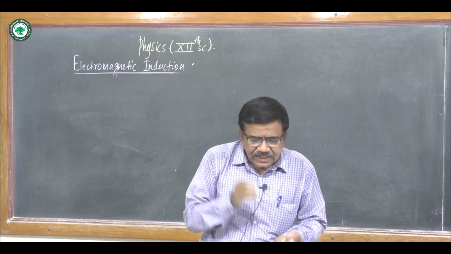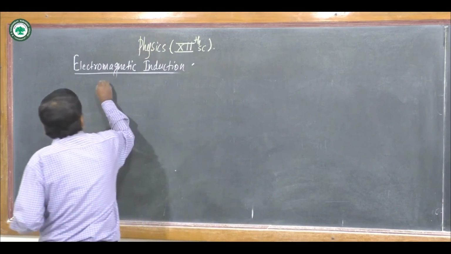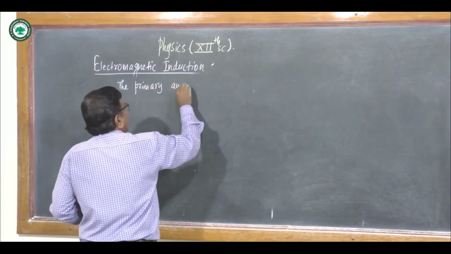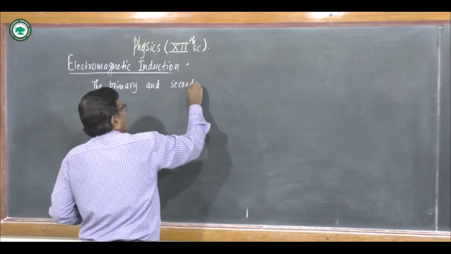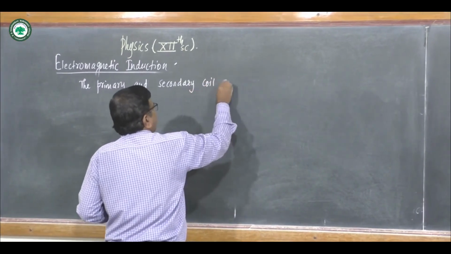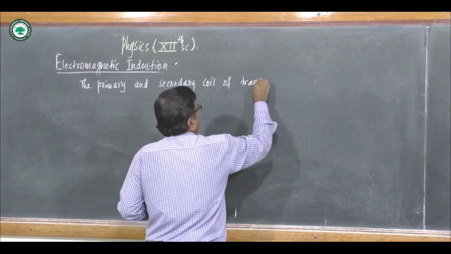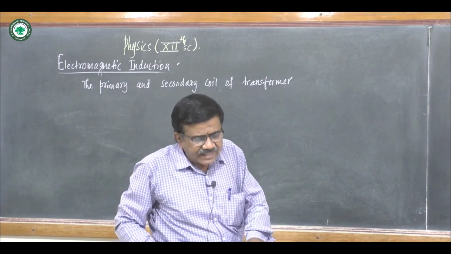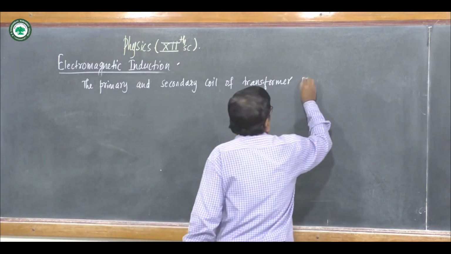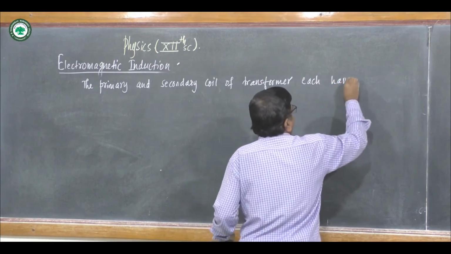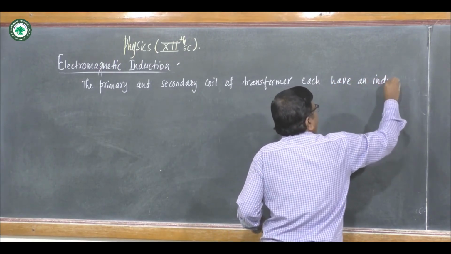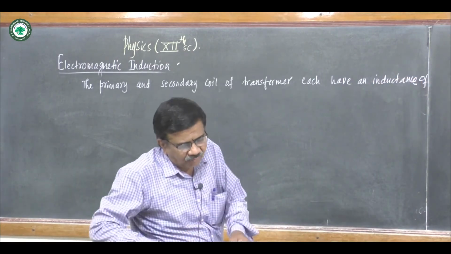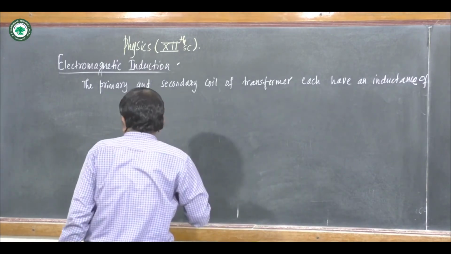The primary and secondary coil of a transformer each have an inductance of 200 into 10 raised to minus 6 Henry.